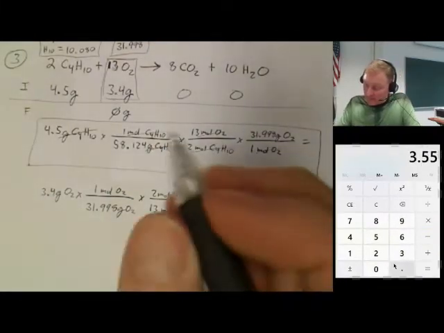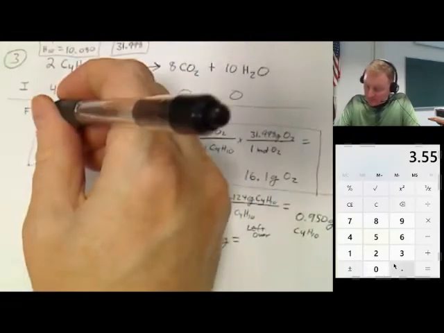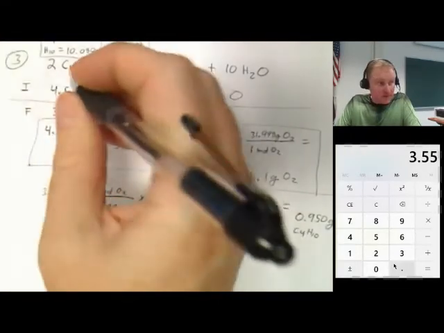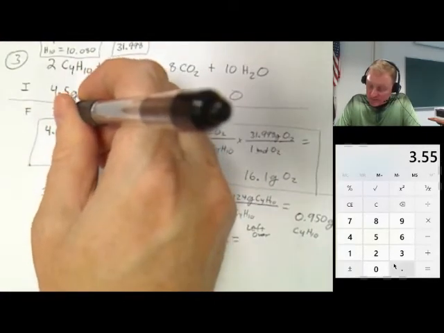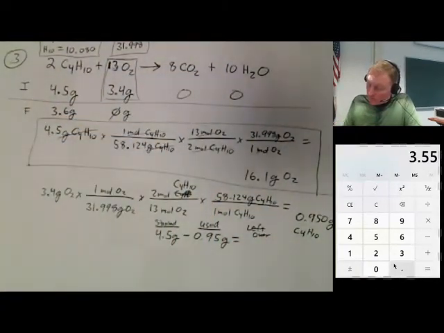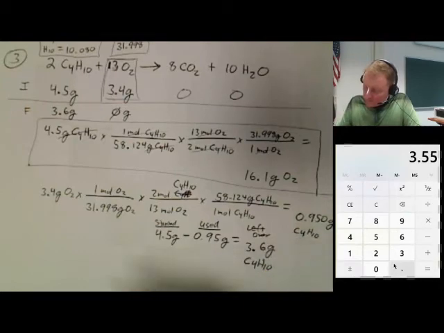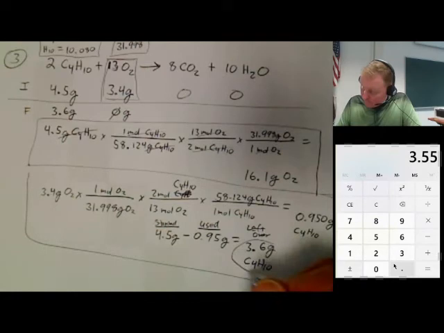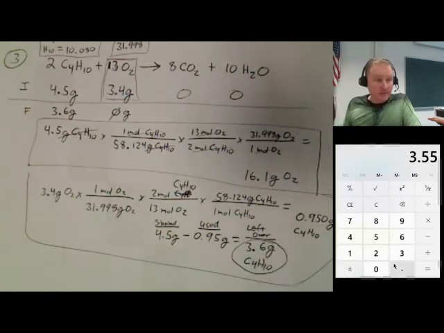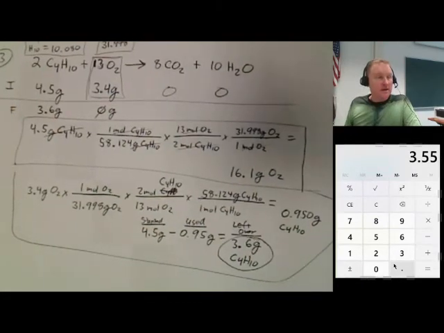We will have left over 3.55. So left over we'll have, we'll basically say 3.6 grams of butane left over. Okay, so that's our butane work.